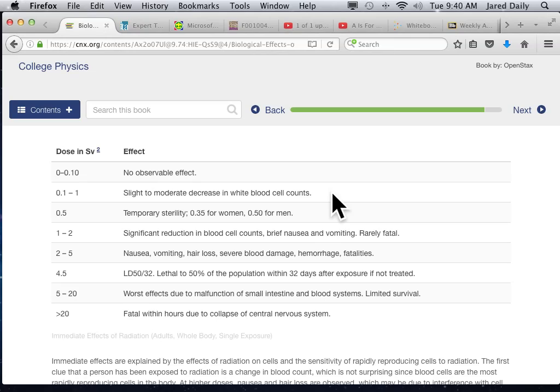So this is something that was studied ad nauseum. They studied this and studied this and studied this during World War II and post-World War II so that they could figure out how to safely deal with radiation. The biggest reason for this is so that they could actually harness radiation and use nuclear power.